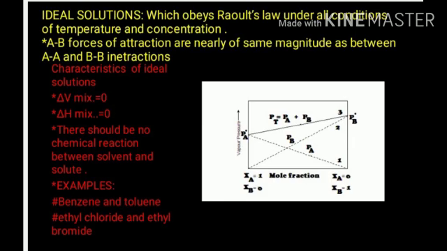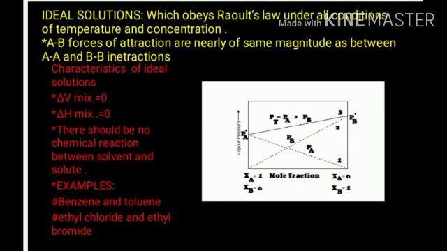And students, variation of PA against XA and PB against XB is shown graphically in the figure. Both the plots are straight lines. These lines touch the coordinates at P0A when XA is equal to 1 and P0B when XB is equal to 1.